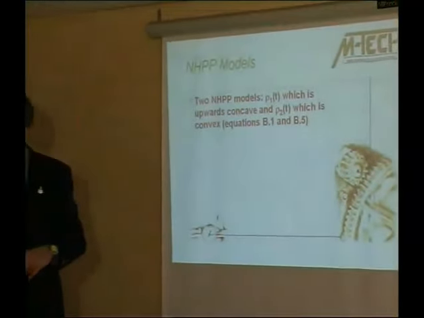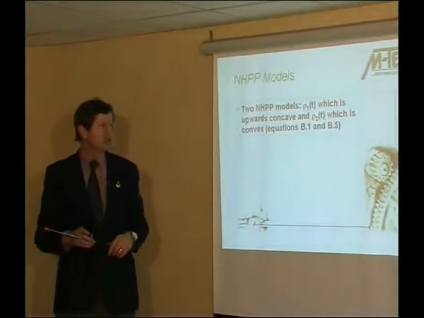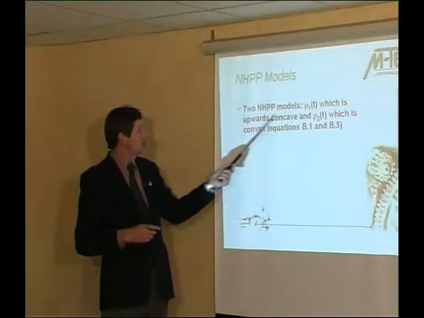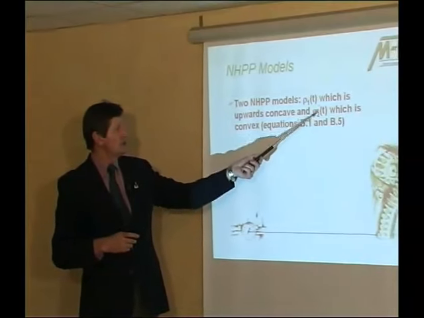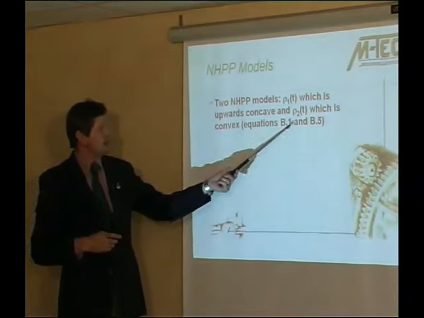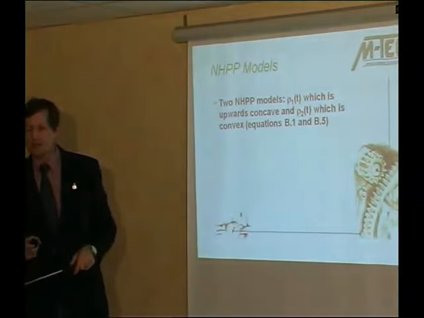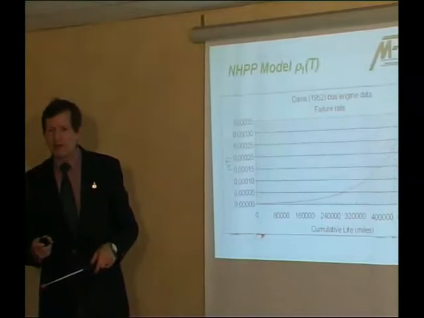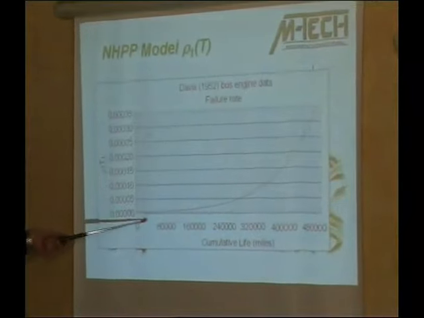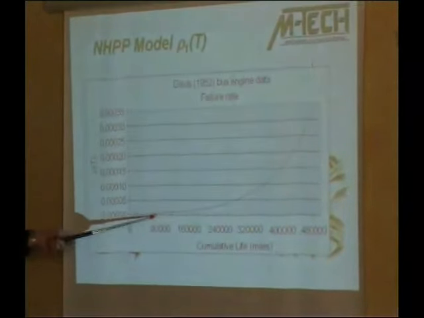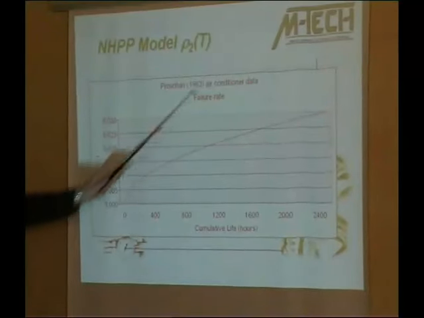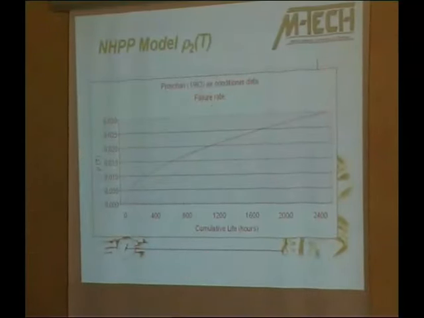Okay, we have two models, two NHPP models. The first NHPP model is ρ1(T). Again, that must be a capital T, which is upwards concave, and ρ2(T) with a capital T there, which is convex. And that's equations B1 and B5 in Appendix B. And they look roughly like this, an example of ρ1(T), and you can see that it is concaving upwards. And an example of ρ2(T), and you can see that it is convex, it flattens towards the end.